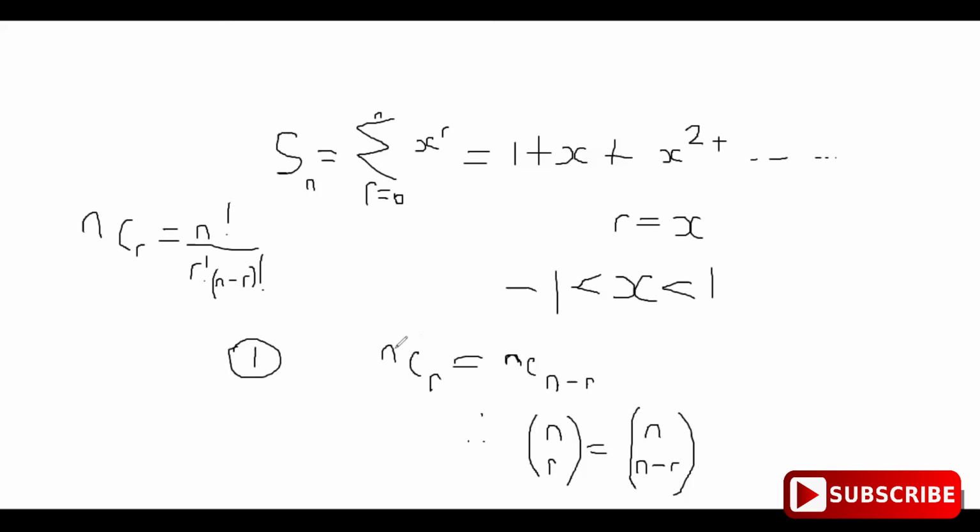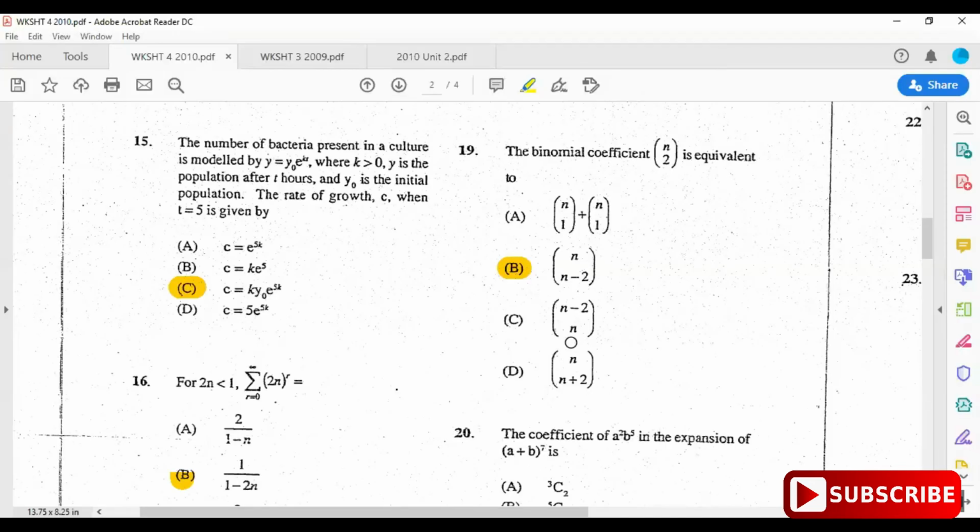I can tell you for a fact that 5 choose 2 is equal to 5 choose 3. You can always use numbers and test these questions. Just give n a value and test it.